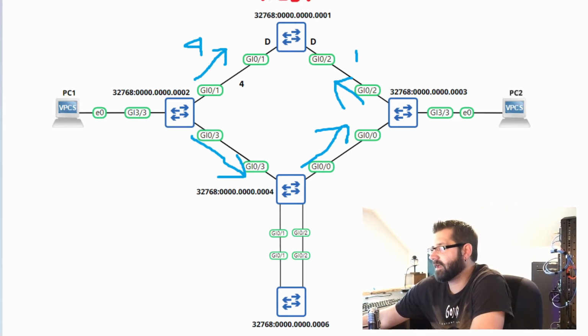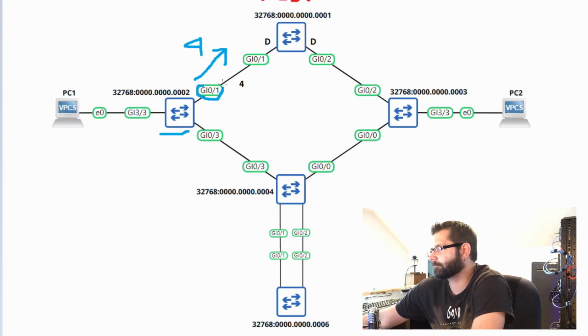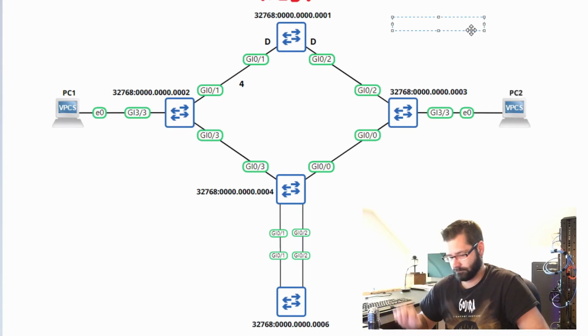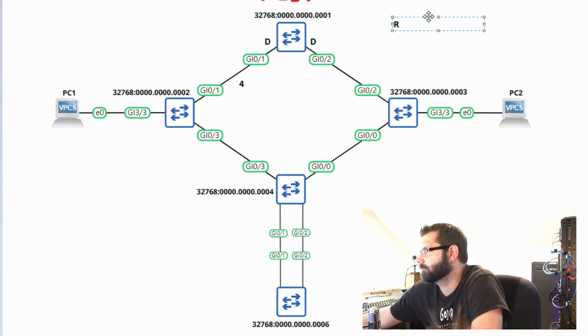And with that being said, that would make gig 0/1 on this switch the root port. R right there.